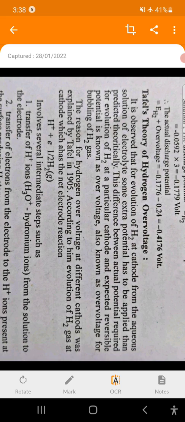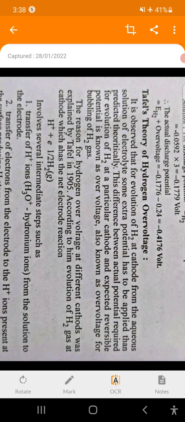The H plus ions start to migrate towards the metal surface, the cathode surface. This is the first step. The second step is that H plus reaches the cathode surface, and on reaching there they accept an electron at the cathode surface and convert to H atoms.